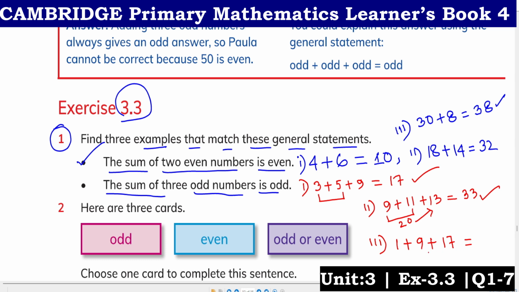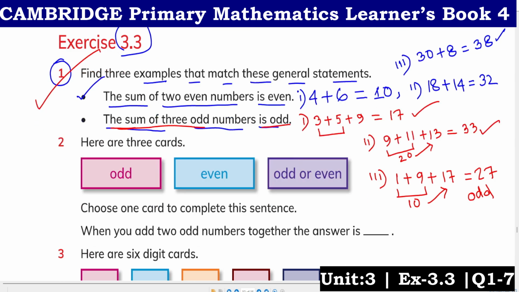Here all are odd numbers. So 9 plus 1 is 10, and 10 plus 17 is 27, and this is also an odd number. So the sum of 3 odd numbers is odd. It's correct. So number 1 is done.